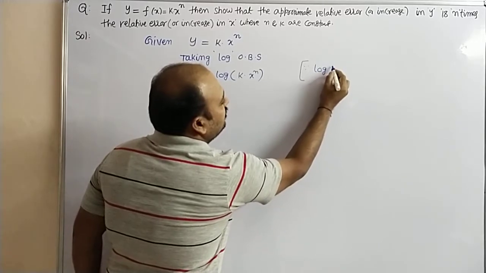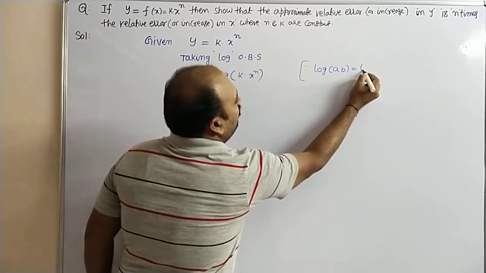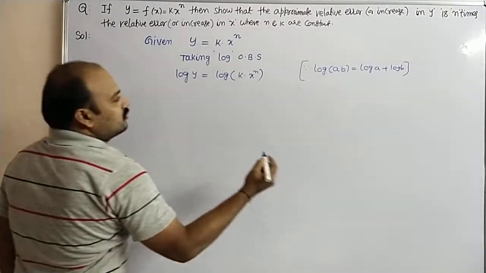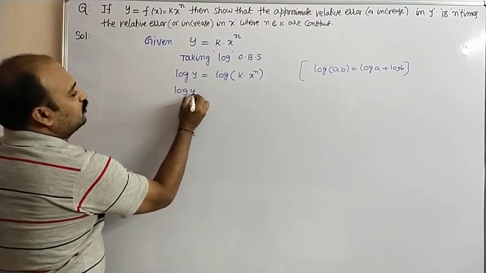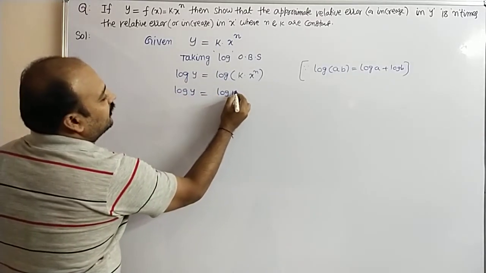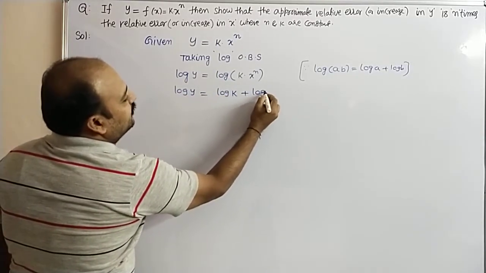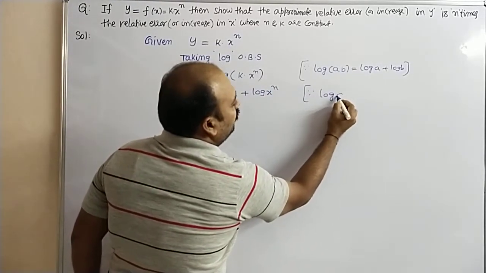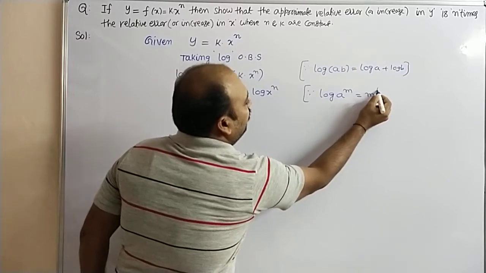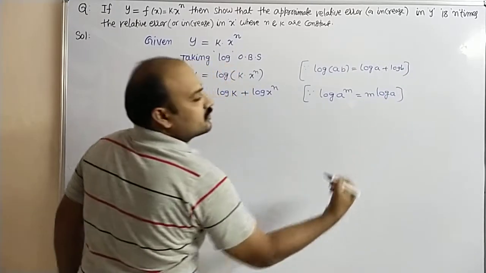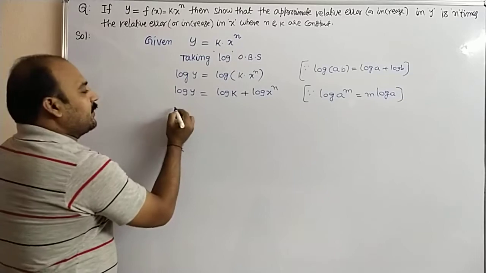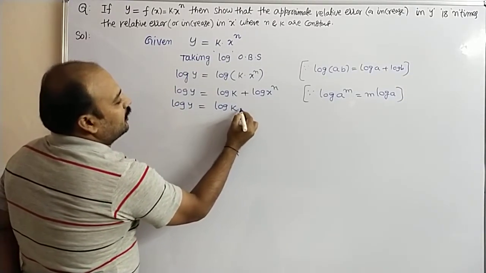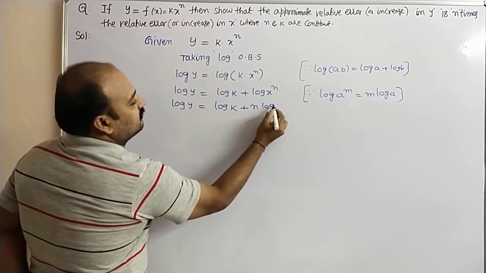Yesterday also we discussed the formula. Log AB equal to log A plus log B. So now log y equal to log k plus log x power n. Again we have the formula log A power m equal to m into log A. So now this can be written as log y equal to log k plus n into log x.